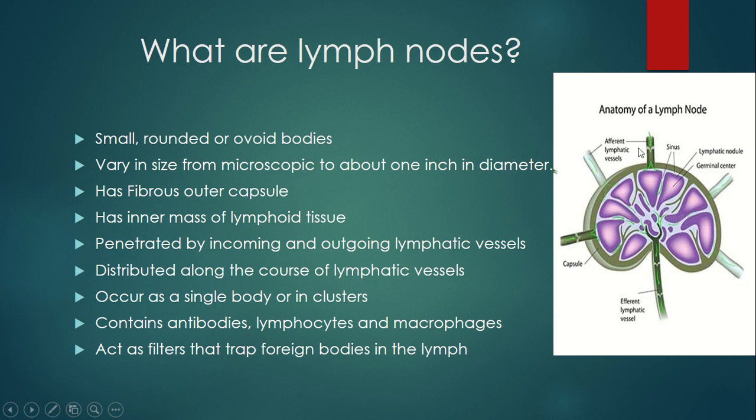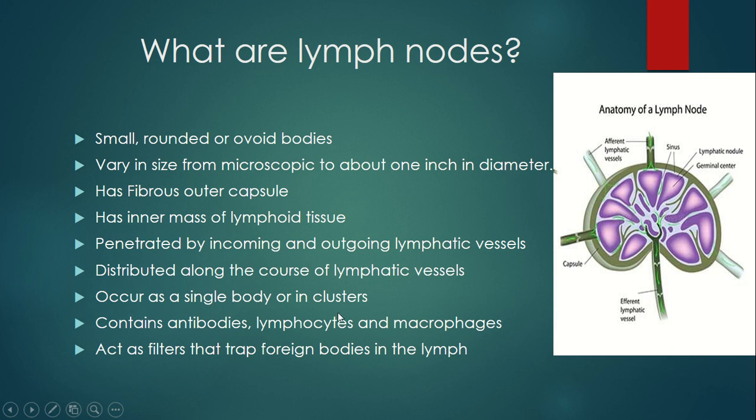So the lymph node is said to be an encapsulated body that is surrounded by a fibrous capsule, having an inner mass of cells that are lymphoid tissues. They contain 2 types of cells which are more important. These cells are lymphocytes and macrophages, and these lymphocytes are a type of white blood cell.